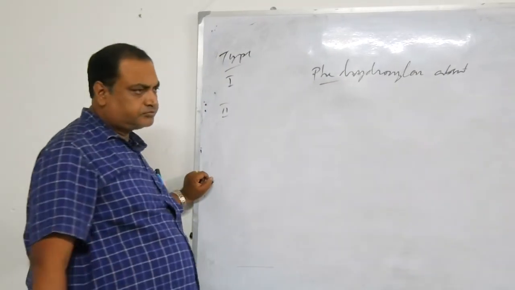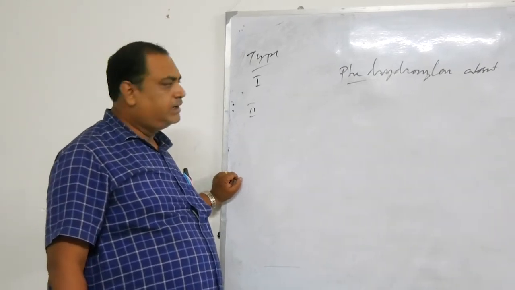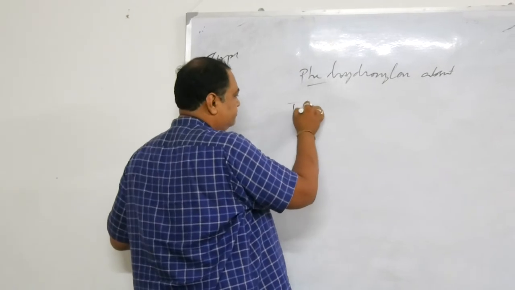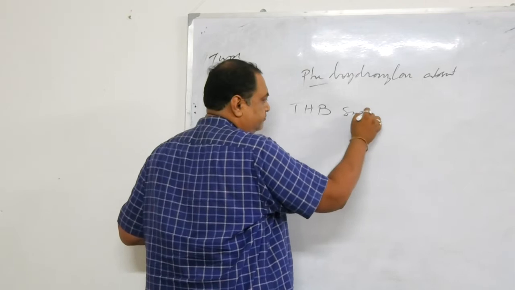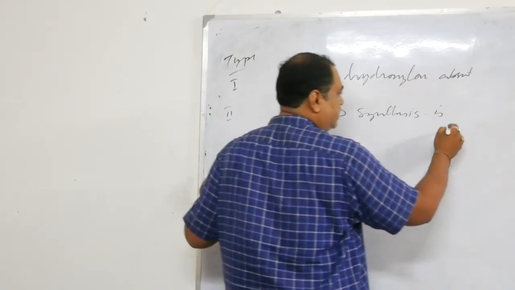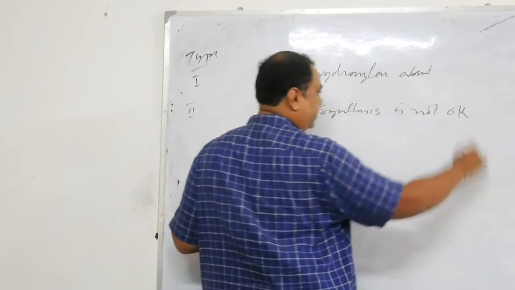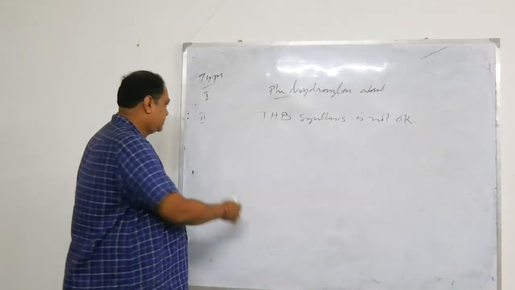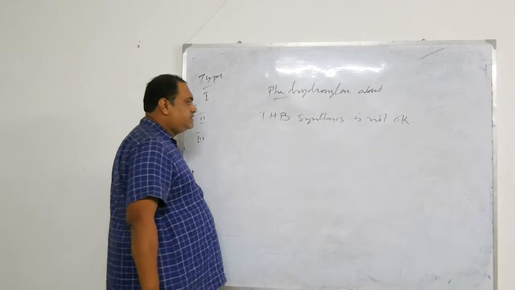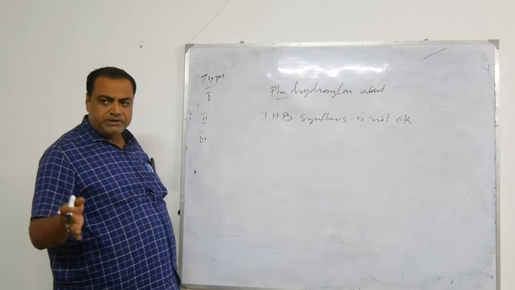Type 2: the subtype where BH4 synthesis is not okay. These BH4 synthetic enzymes are missing, so the biopterin is not being synthesized.